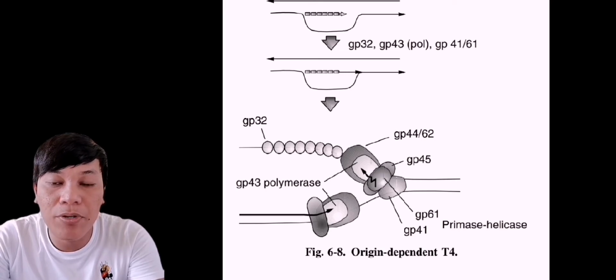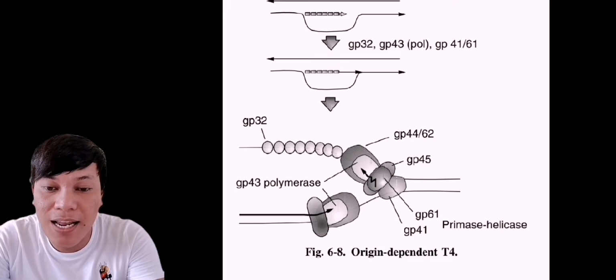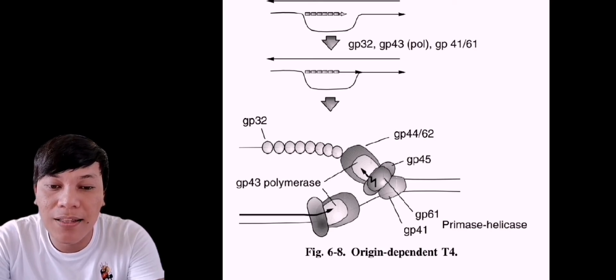The major protein responsible for nucleotide synthesis is gp43, the T4 DNA polymerase, having a molecular weight of 110,000. Accessory proteins include gp44, gp45 and gp62, which collectively form a sliding clamp on the DNA, much as the DnaB protein does on chromosomal DNA.